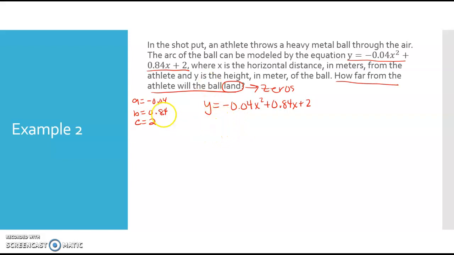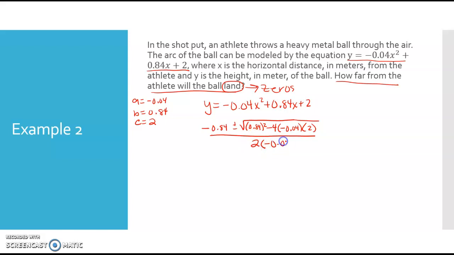I've got opposite B, so B is positive, so I'm going to have a negative 0.84 plus or minus the square root of B, so 0.84 squared minus 4 times A, negative 0.04 times C, all over 2 times A.